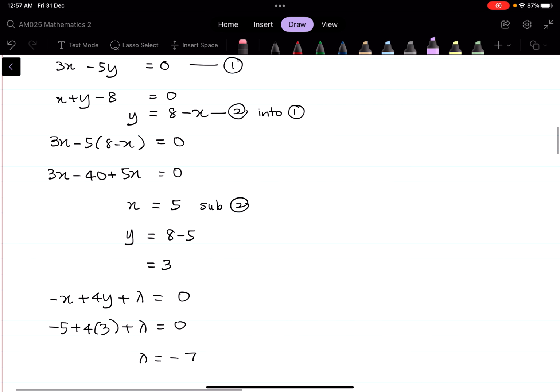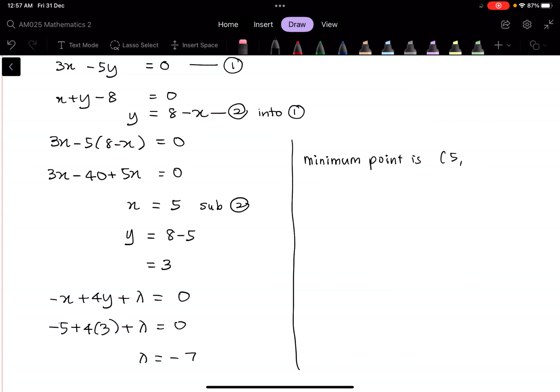We may write down the minimum point as (5, 3, negative 7).